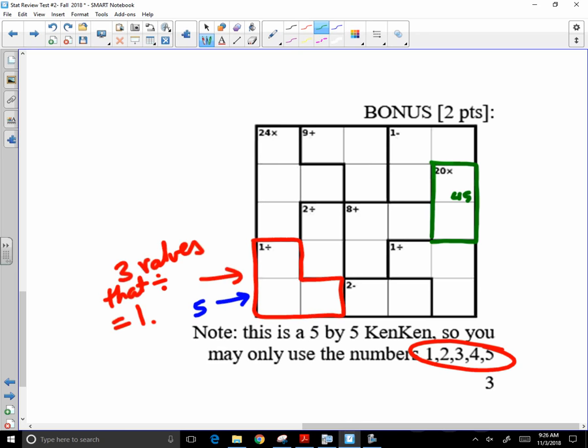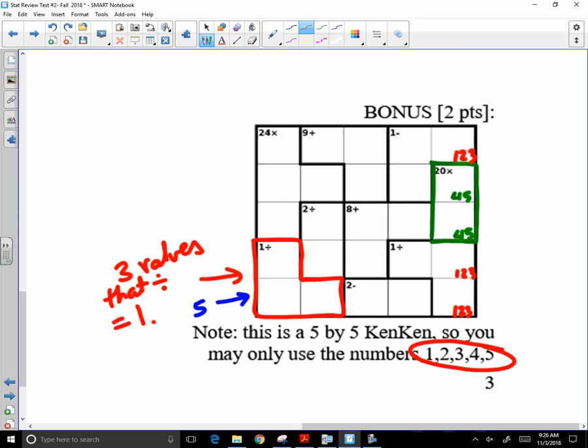One's the 4 and one is the 5. Then I look at what's left over in that last column, 1, 2, and 3. So I make little notes: 1, 2, and 3, 1, 2, and 3, 1, 2, and 3, until it starts kind of solving itself. Because eventually that happens, it's just a question of when.